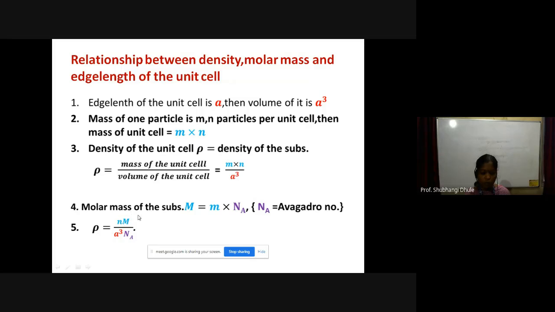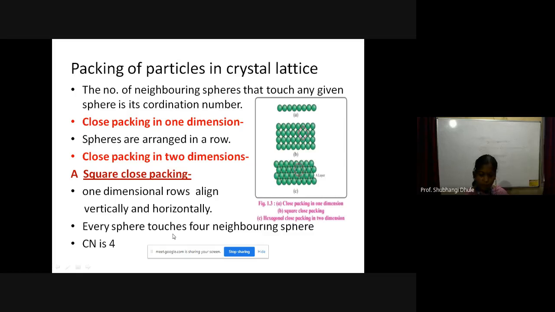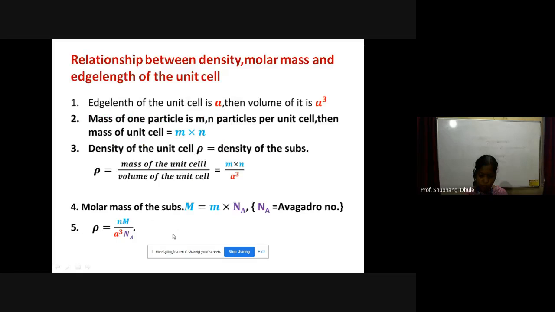So the last formula is rho equal to n into capital M divided by Na. We simply substitute the value of m here, and we get this formula: rho is equal to n into capital M divided by a cubed, the volume, multiplied by Na, Avogadro's number.